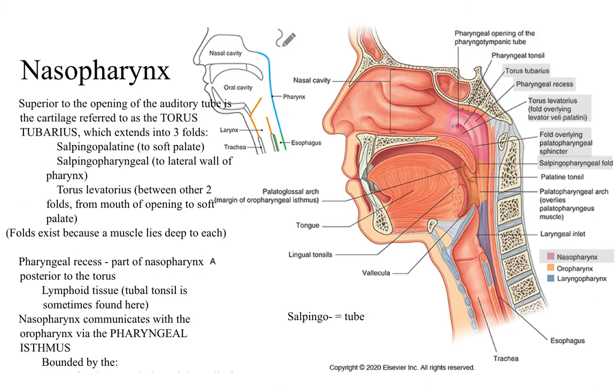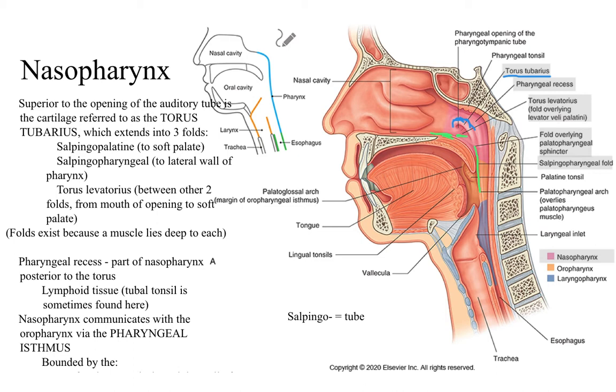There's a ridge surrounding the opening to the pharyngotympanic tube that's made of cartilage, and that's called the torus tubarius. That is then going to extend into the salpingopalatine fold associated with the soft palate, the salpingopharyngeal fold, which is right here associated with the lateral wall of the pharynx, and the torus levatorus, which is right here.